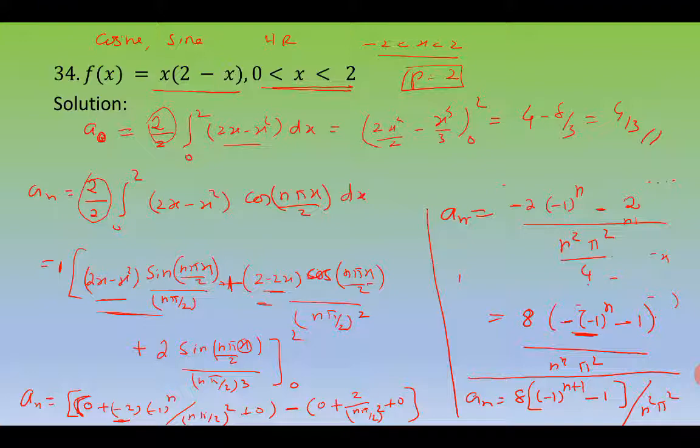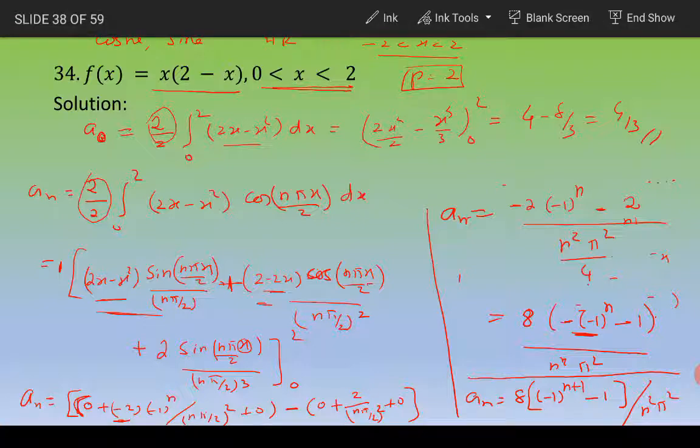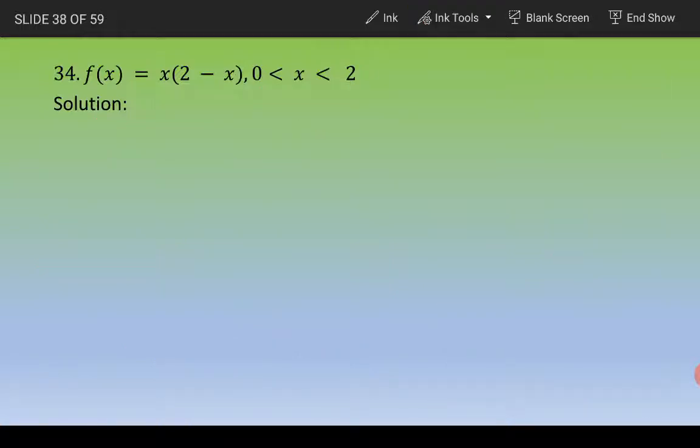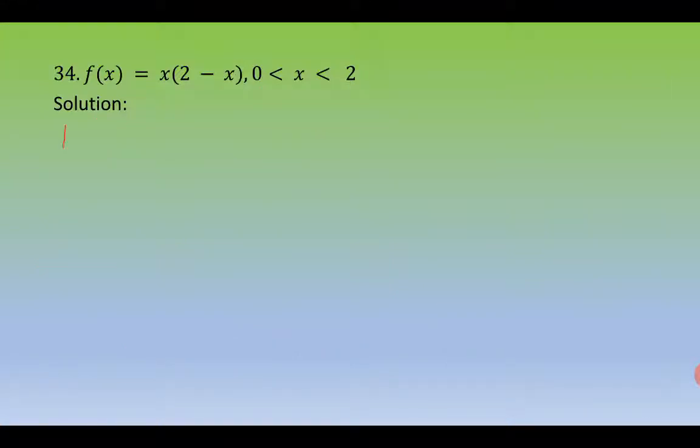and you have to find b_n as well. In the similar way you can try b_n. I will erase this part. The formula for b_n is 2 over 2, integral 0 to 2 of 2x minus x square sine n pi x over 2 dx.